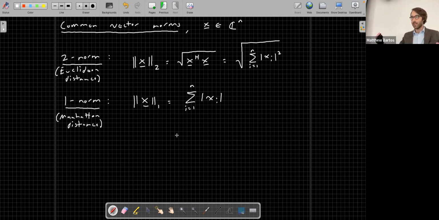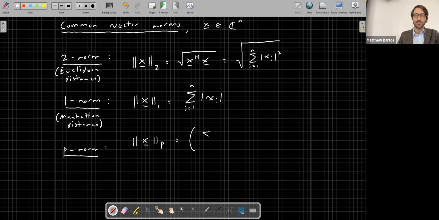You can generalize these types of norms into what's called the P norm. This is a generalization of the 1 norm and the 2 norm, which we'll denote as the norm of x with subscript P. This is basically just a generalization of the definition we had before.